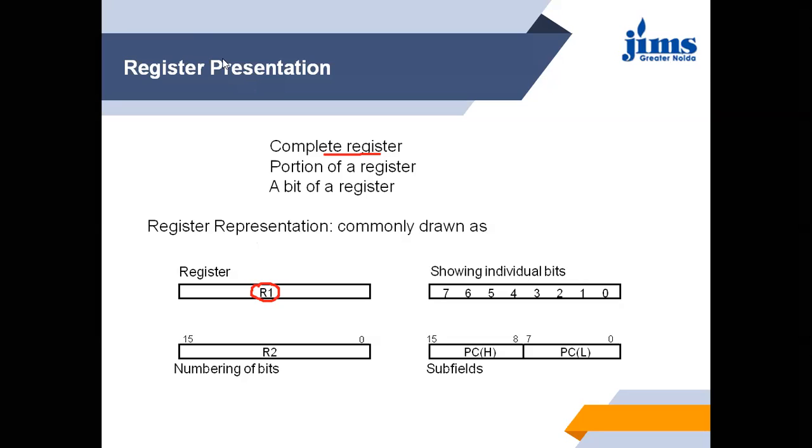Showing individual bits: suppose this register contains 8 bits, then these are the different bits. Those we can represent by the numbers 0 to 7. It can also be represented by 0 to 15 for the number of bits.